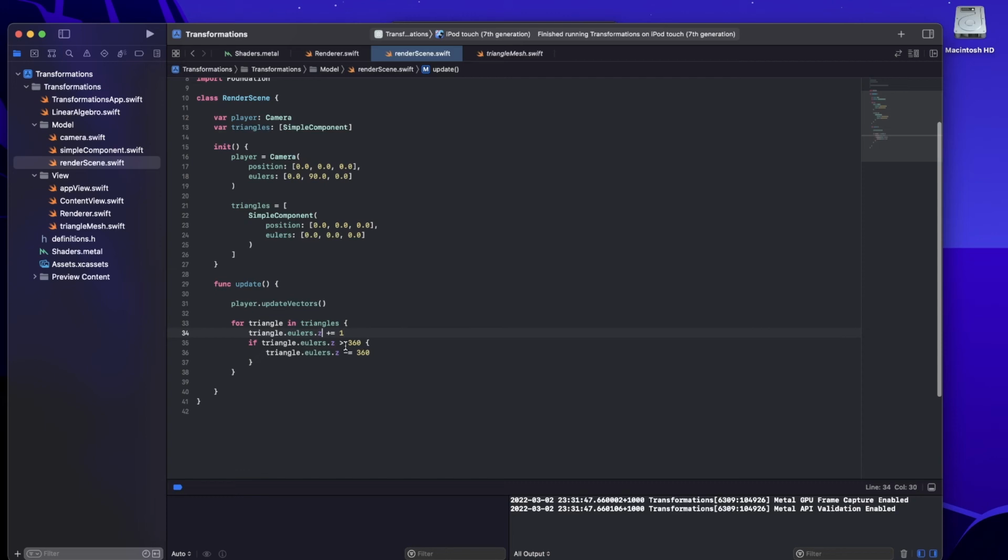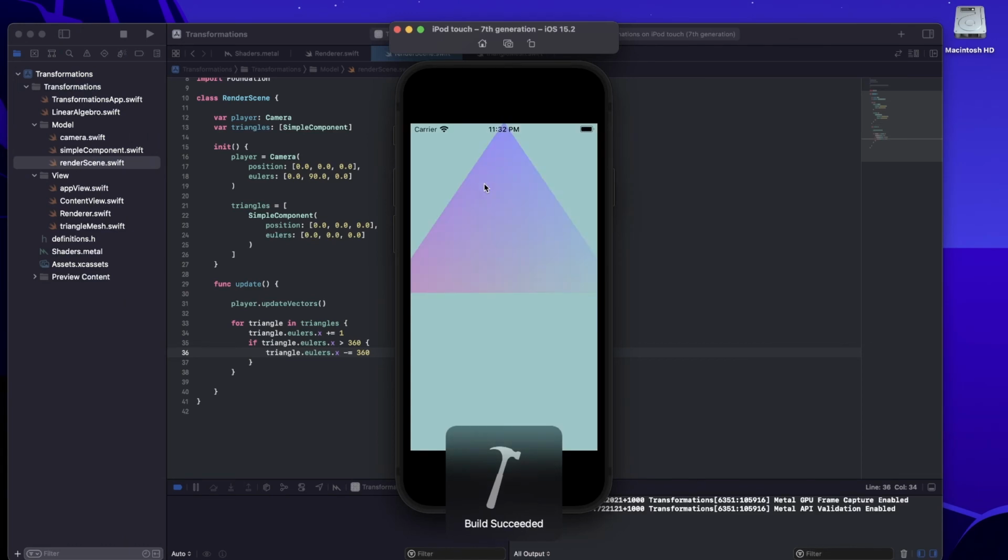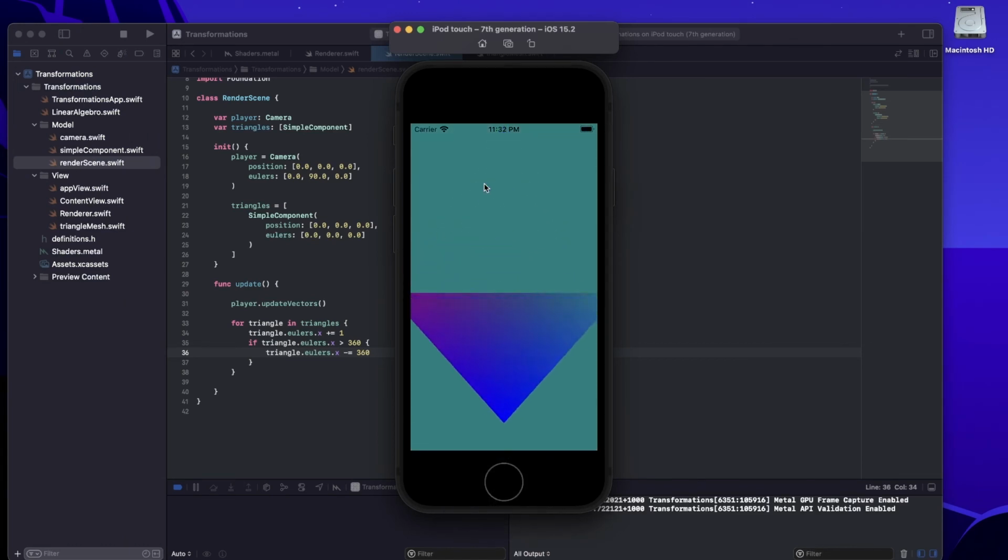And then number two is if we set this to rotate around a different axis, we get some kind of horrible effects happening. See, it's only showing half the triangle and then it flips over and shows the other half. Obviously, this is really bad.